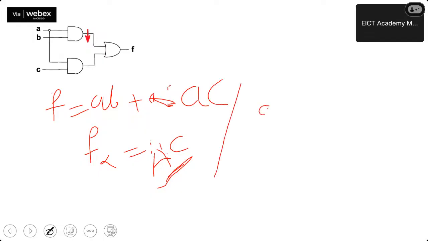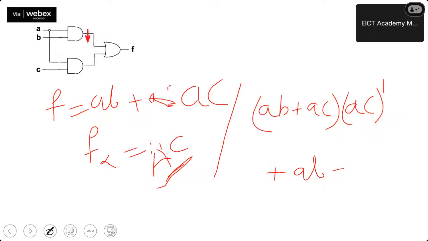So first I will have (AB plus AC) whole dash into AC, plus (AB plus AC) whole dash into AC dash. If I AND this with this, if I consider this x, this becomes x dash, so this gets cancelled away.